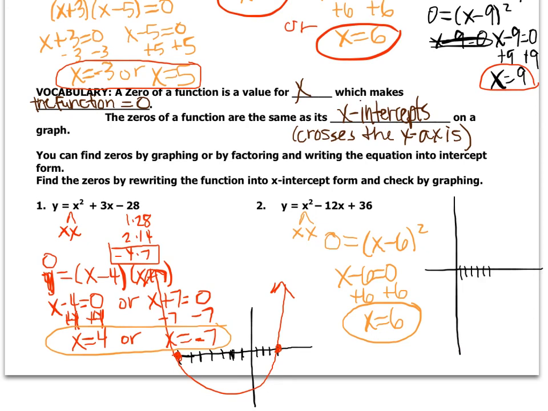Okay, so there's 6. My x-intercept would be right here at positive 6. And because my first term, my x squared, is positive, I know my graph would go up like this. So my graph would just touch the x-axis at one point, and that point would be x equals 6. 6 would be my root, or my solution, or my zero of the function.